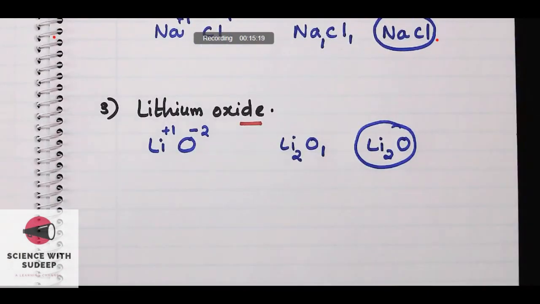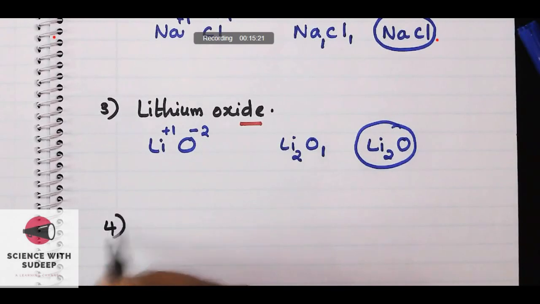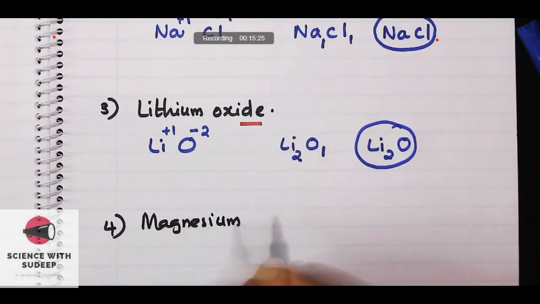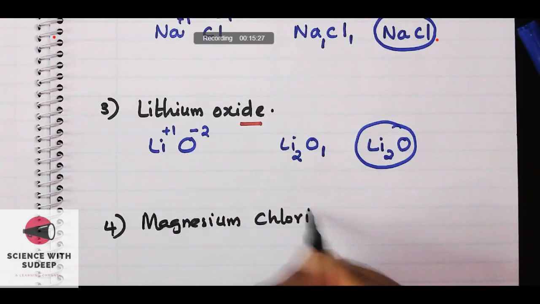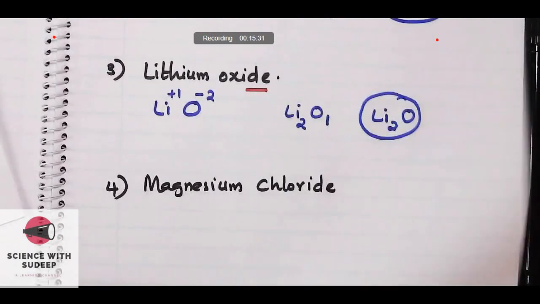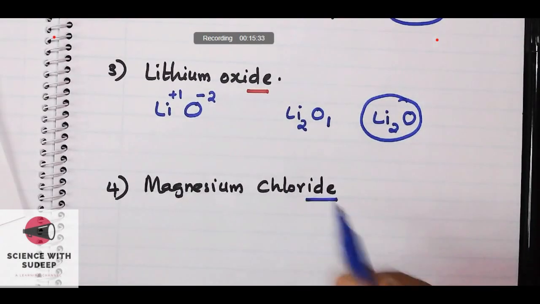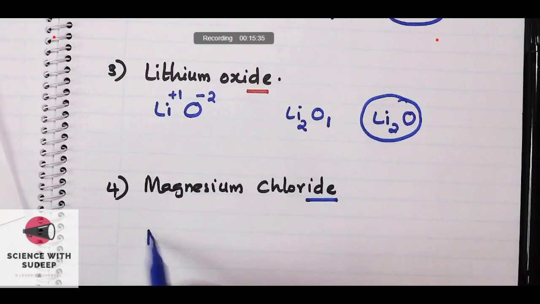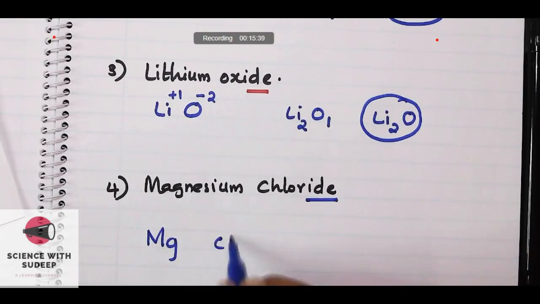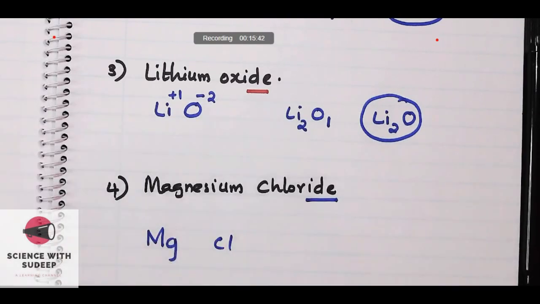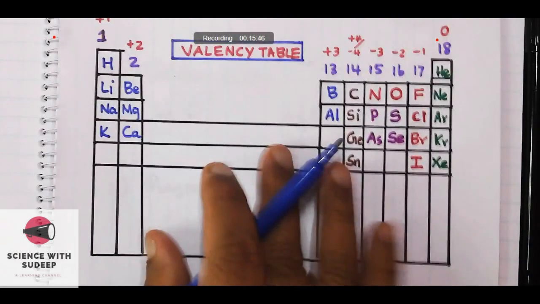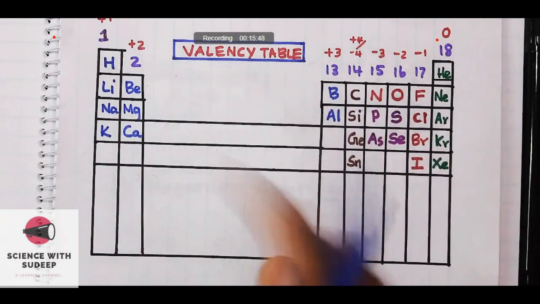Let's check one more example, magnesium chloride. Again the name ends with -ide, so it has two elements. The first one is Mg, which stands for magnesium, and Cl stands for chlorine. Magnesium is in group number 2. Its valency is +2.